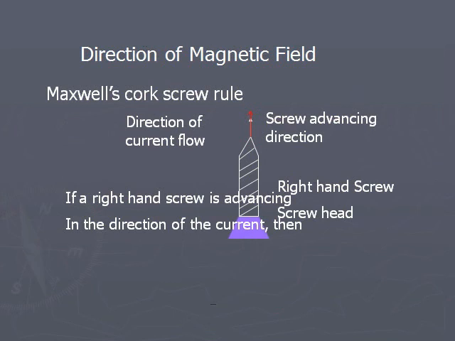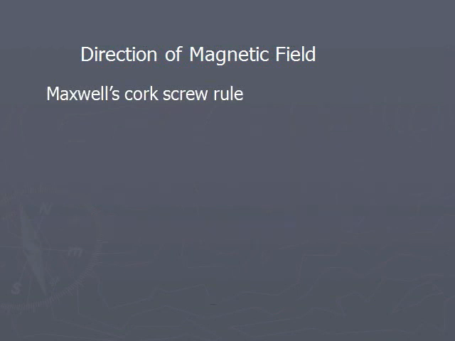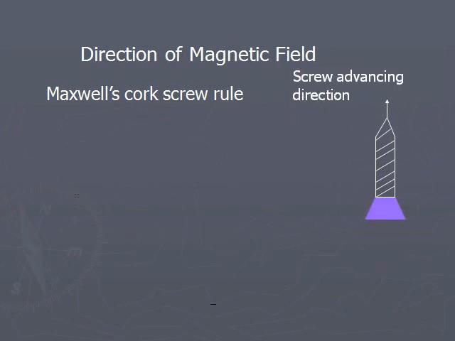Here a screw is shown, and if you imagine that it is rotated with your right hand and it is moving in the upward direction, that is the advancing direction, then the current direction is also in the advancing direction. Now the magnetic field will be indicated by the direction in which the head of the screw is rotating.